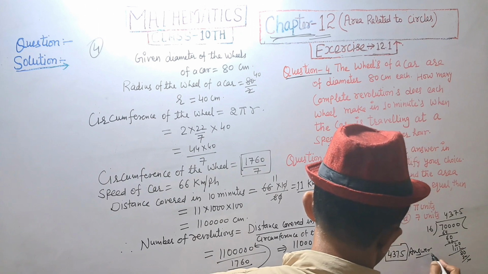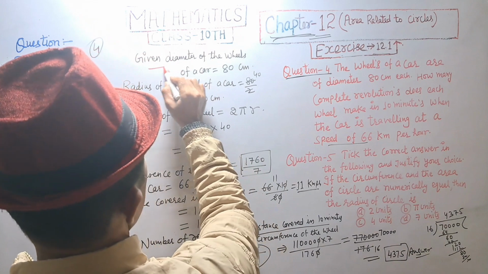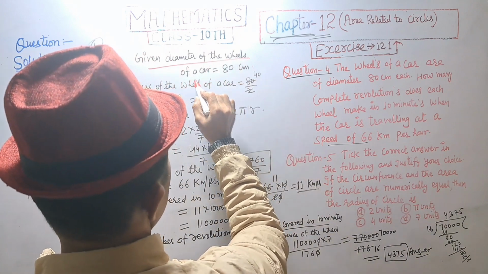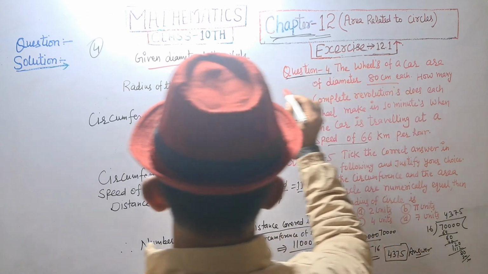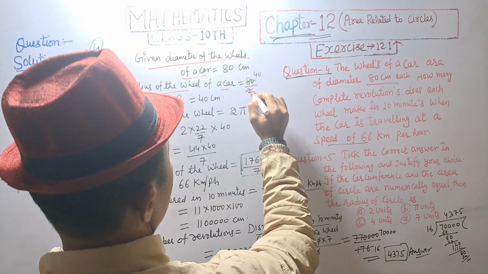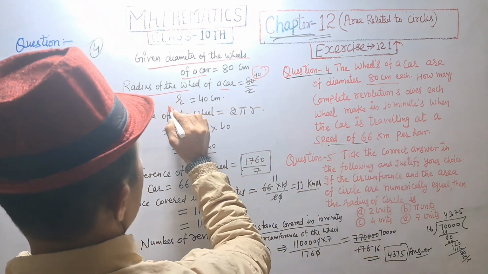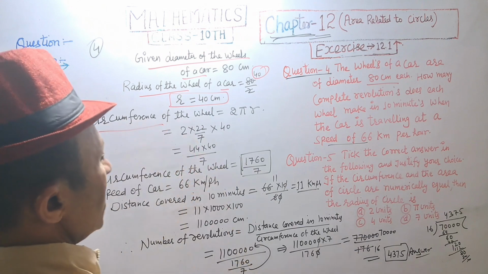Answer. Given diameter of the wheels of a car is 80 centimeter and radius of wheel of car is 80 divided by 2, that is 40 centimeter.